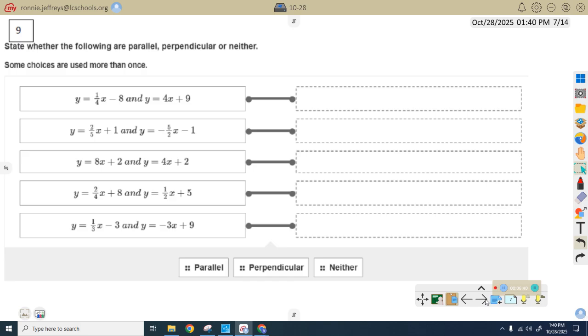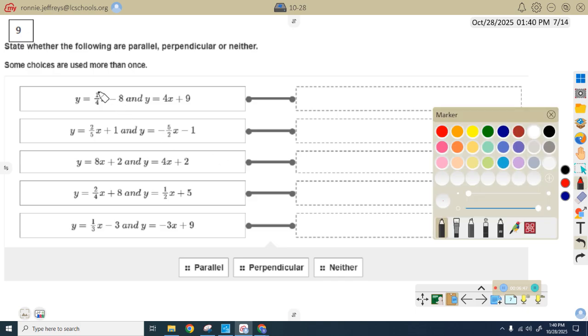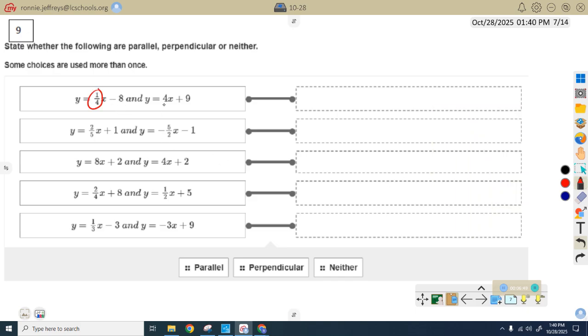All right, number 9. This is the one that's plagued most people all day. All right, this is 1/4. This is positive 4/1. We're asked if they're parallel, perpendicular, or neither. This one is neither. All right, this is positive 2/5.